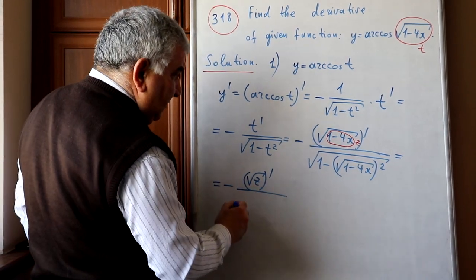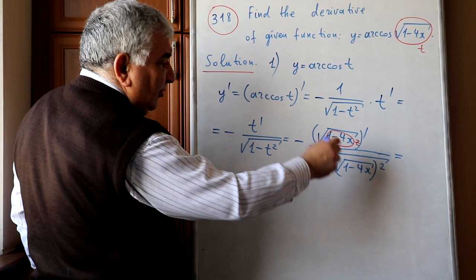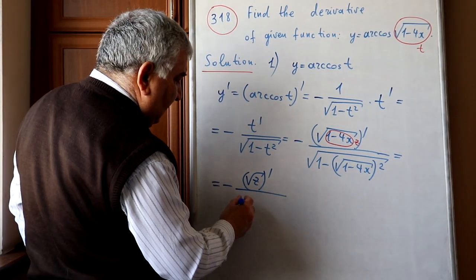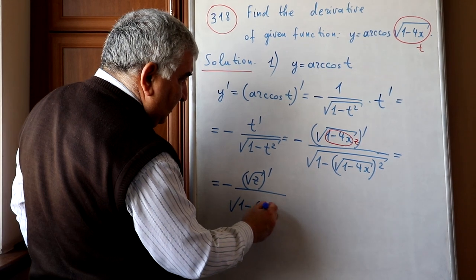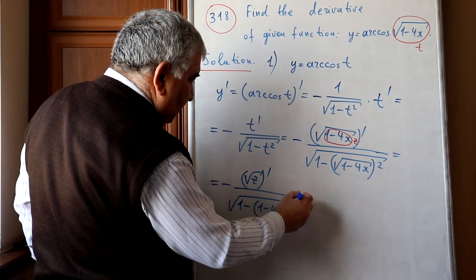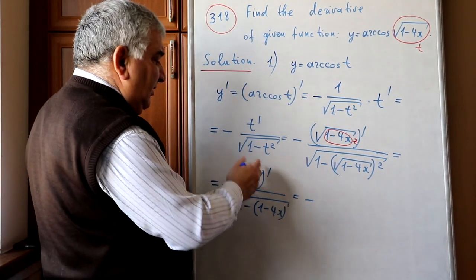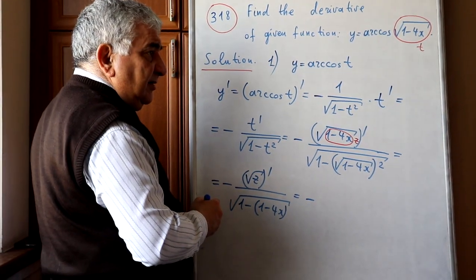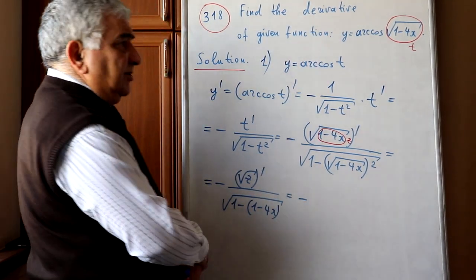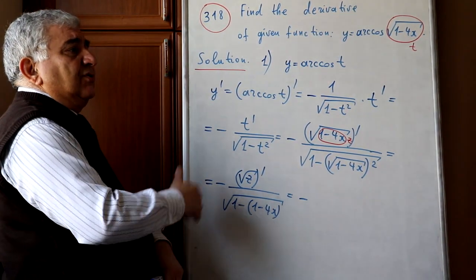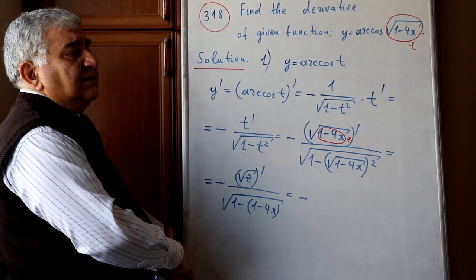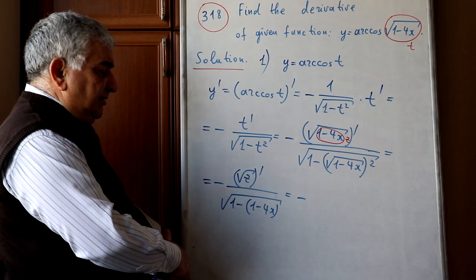Then you know that the square of square root is the root expression 1 minus 4x. Equals minus. Then remember the formula of the function square root of z or square root of x according to the table of the simple function derivatives.